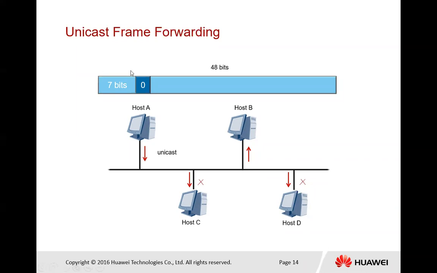As shown in this picture, after the 7th bit, we have a 0. That means this is the frame for unicast frame forwarding in this scenario. Unicast means only one direction.